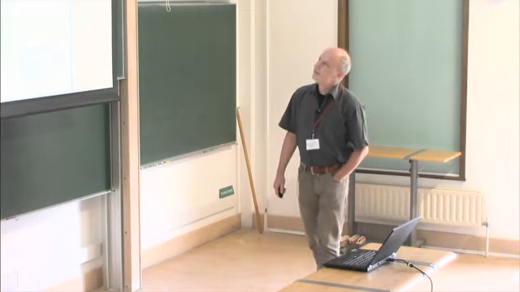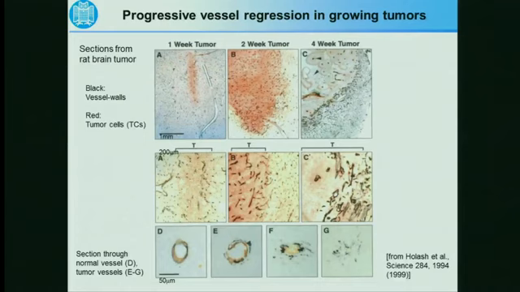Here you have pictures, actually stained slices of brain tissue, where the normal tissue, the normal cells, are stained gray.